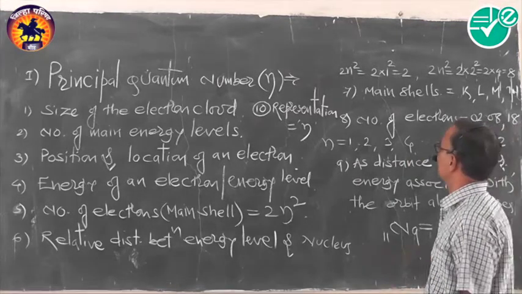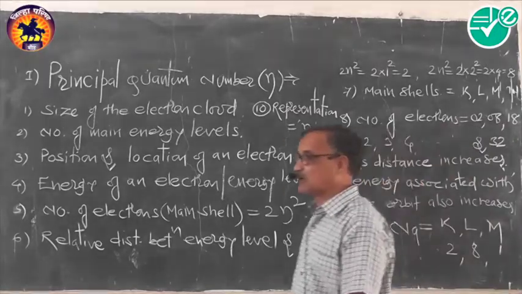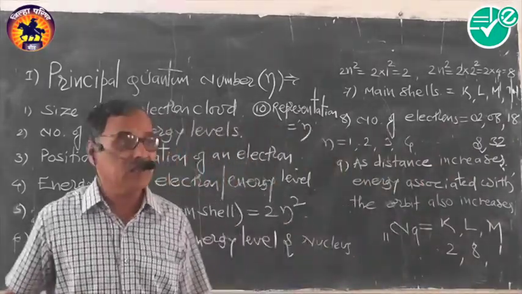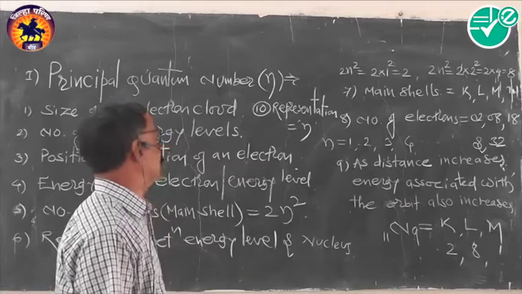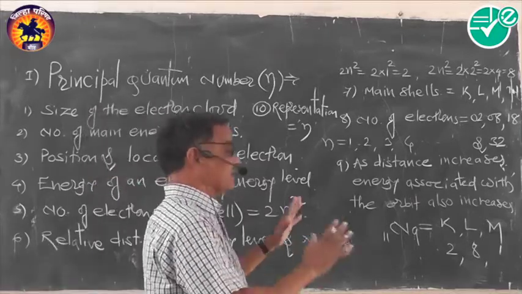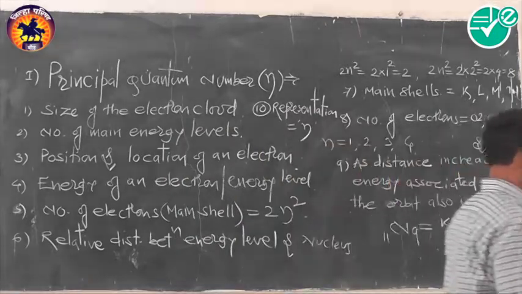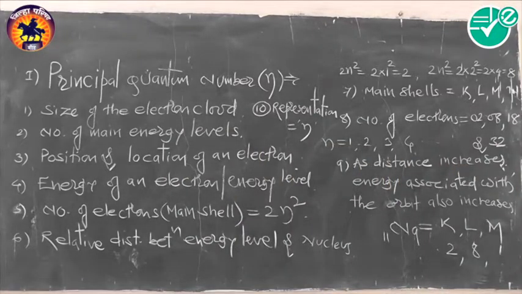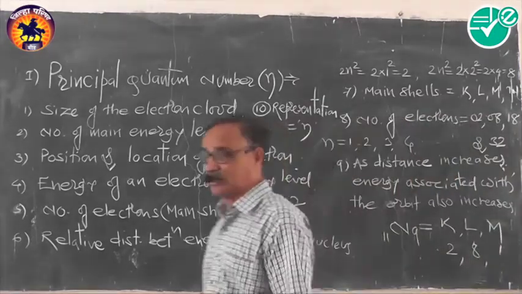This is the sixth one. Seventh one: the principal quantum number gives the number of main energy levels, and these main energy levels are initially denoted by the integer numbers 1, 2, 3 and 4 respectively.